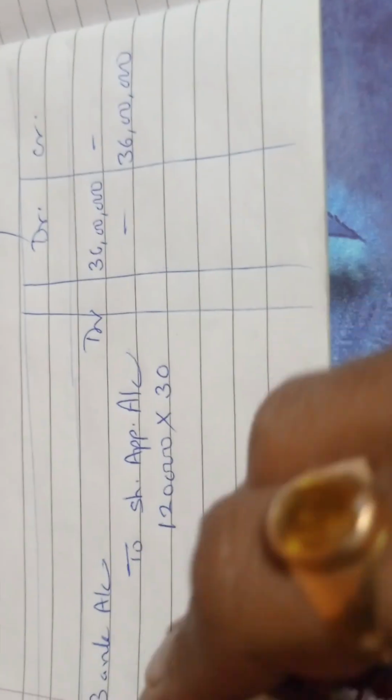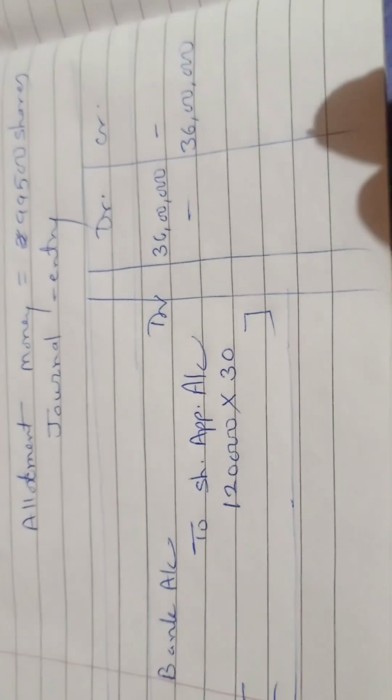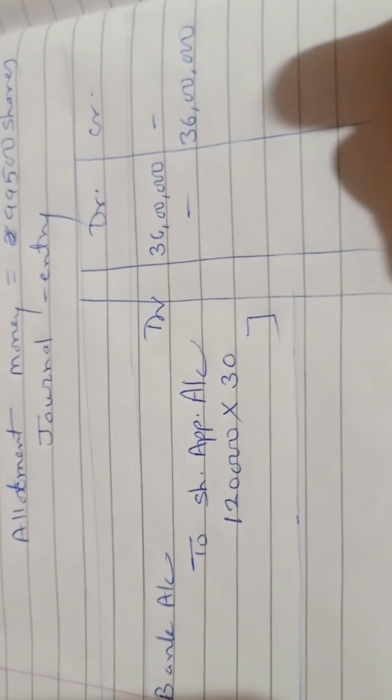Then it's 36 lakhs. Being application money received. You will write the narration also. After that you will close the entry also.